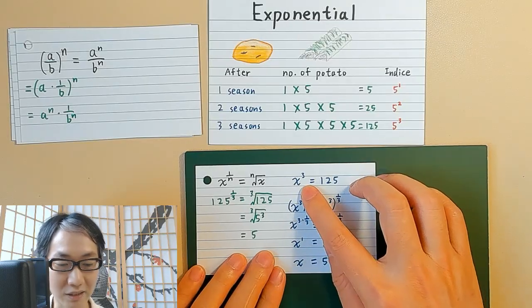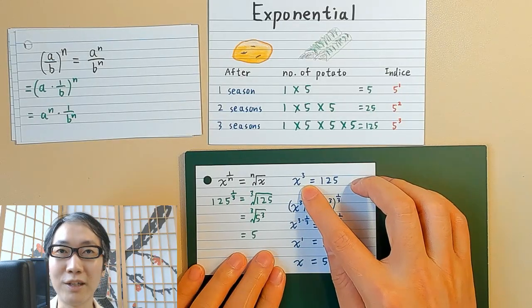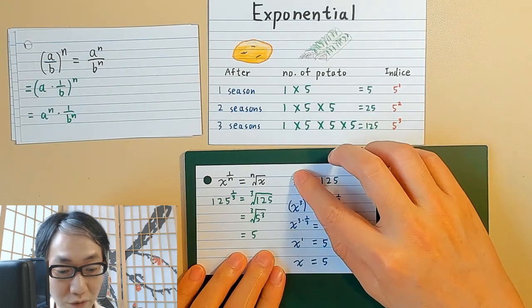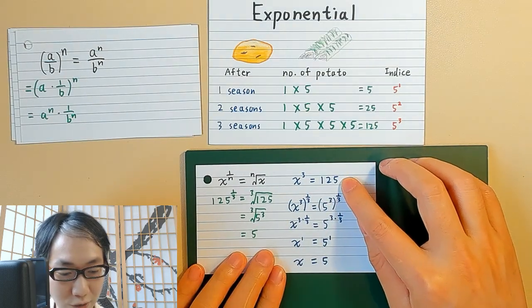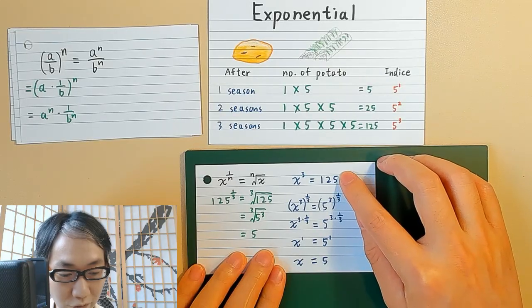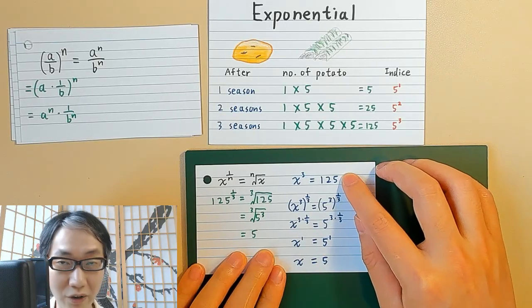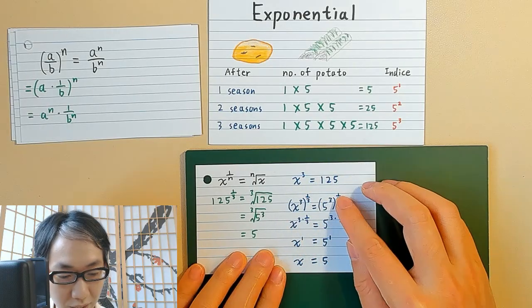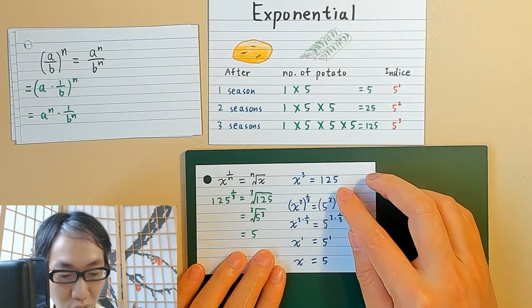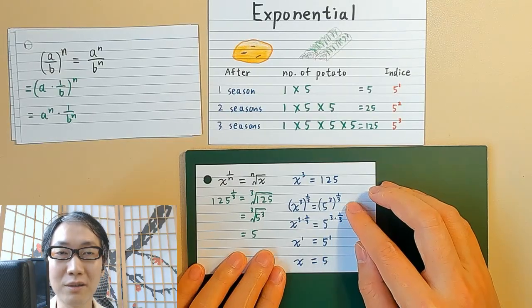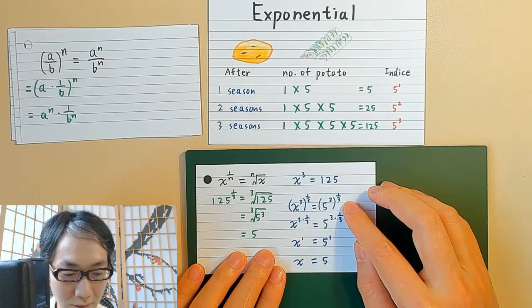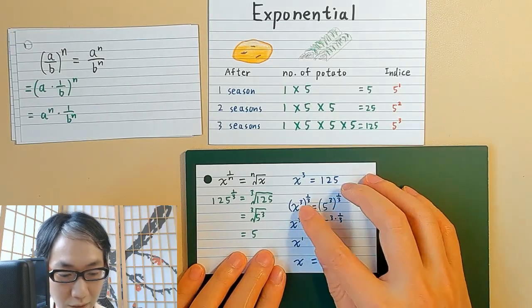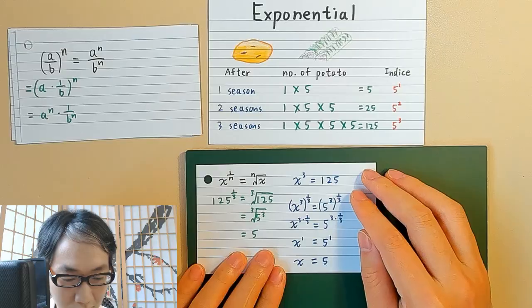And how does that work? So let's say now x is what we want to find, the original exponential factor. And we are running for 3 times. We know that currently we have 125 potatoes. We want to find x. Then we do the power of 1 over 3 to both sides, because we are doing the same operation to both sides, and both of them are positive numbers.